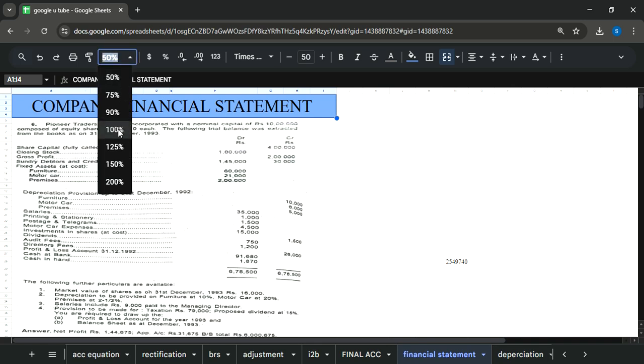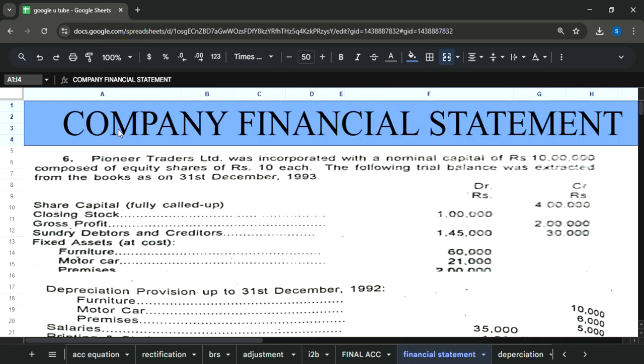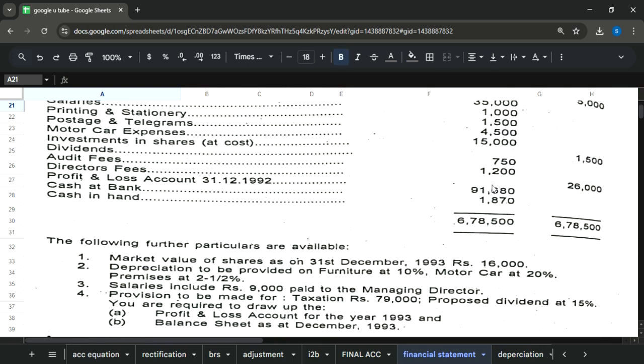Then when you will see your question, we have two different sides, debit and credit, and we have totals of both sides also available, which means it's a trial balance. We will be in a little comfortable situation where assets and expenses are being presented on debit side, income and liabilities are present on credit side.